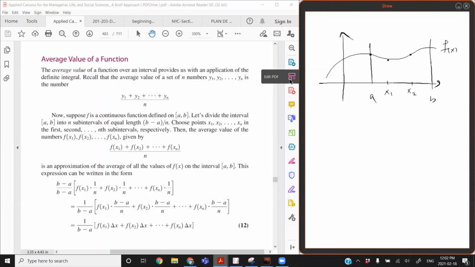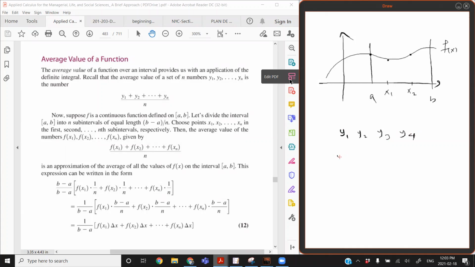So when we talk about the average value of the function, we mean what would the value of the function be on average within this range from a to b. And whenever you talk about the average of a finite number of data, then it's very easy to calculate that average. So imagine you have y1, y2, y3, and y4, and you want to find the average of these values.